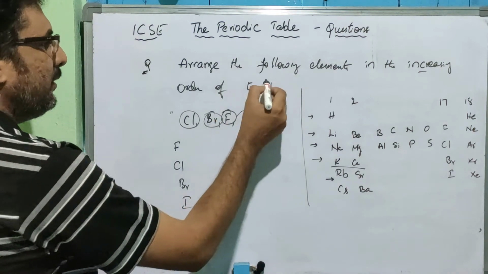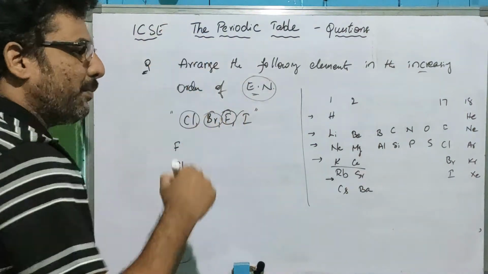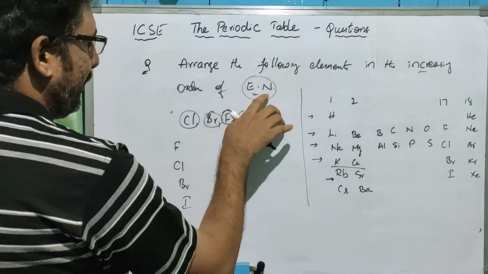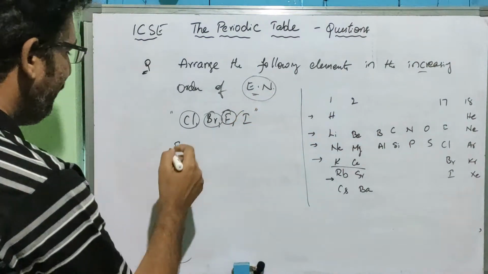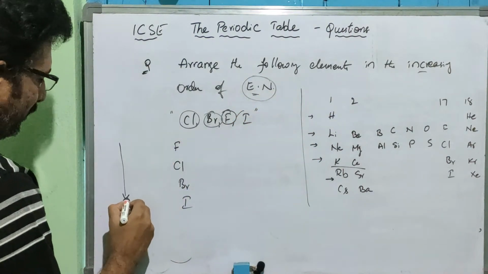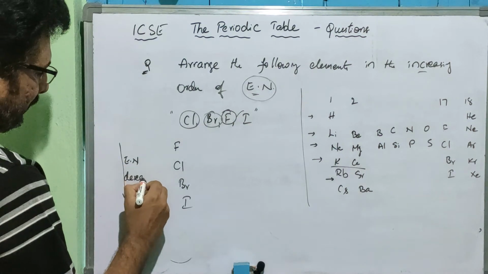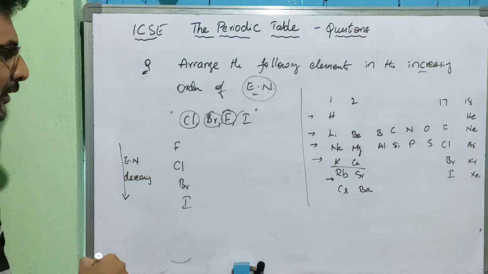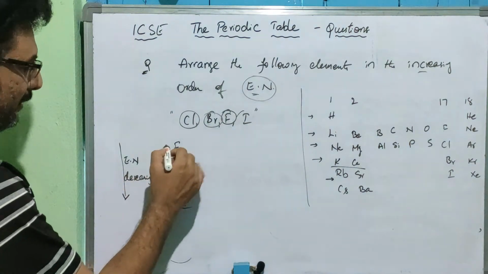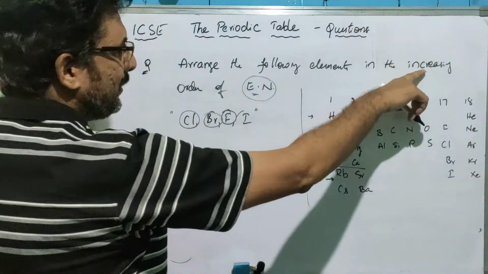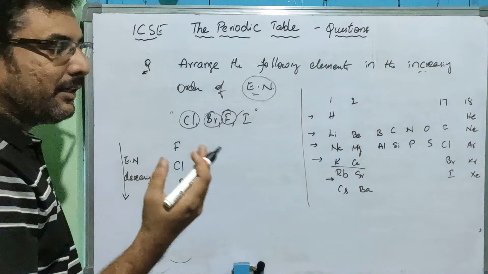So now what is the periodic property asking here? So it is electronegativity, and we all know that down the group electronegativity will be decreasing. Okay, so electronegativity will be decreasing down the group, but in the question it is asking to write in the increasing order.